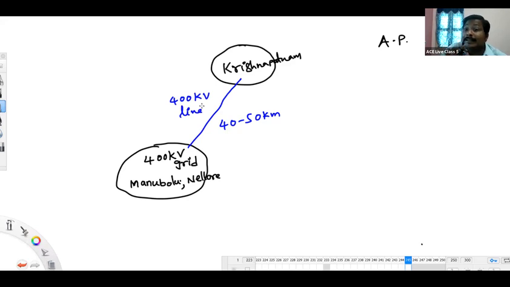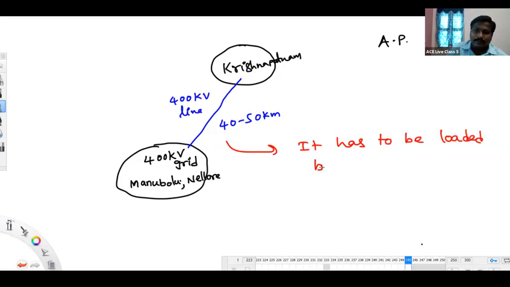This type of line, we should load based on the thermal limit rather than looking at P maximum. So this line has to be loaded based on the thermal limit.